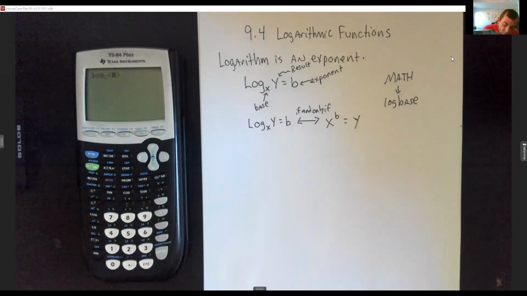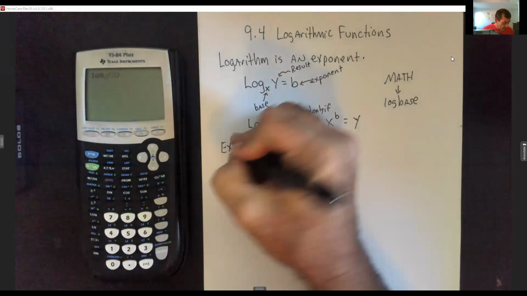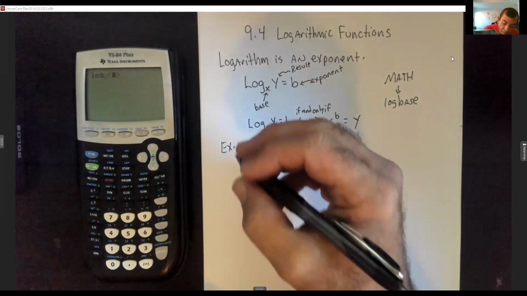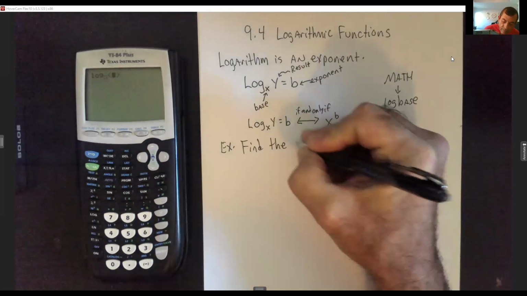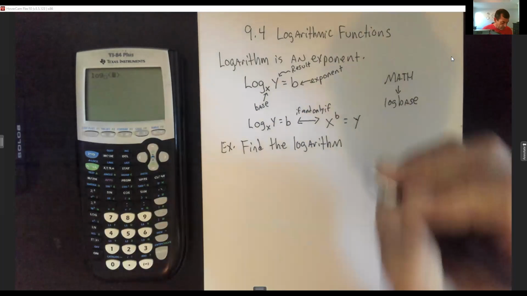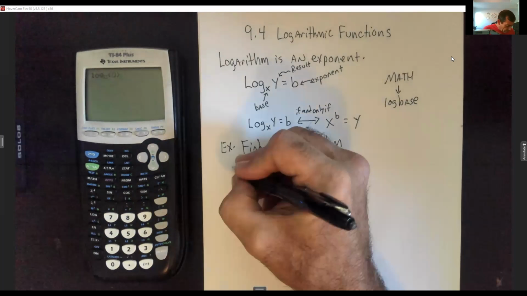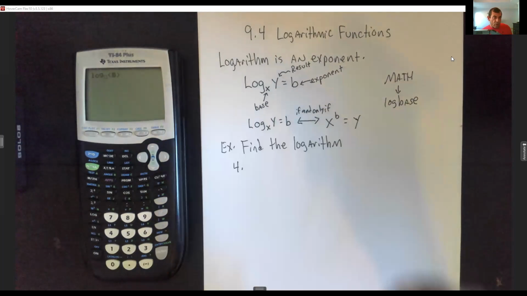All right, so these examples, I'm going to find the logarithm. I'm going to start at 4 because this is where these would start out on your homework.